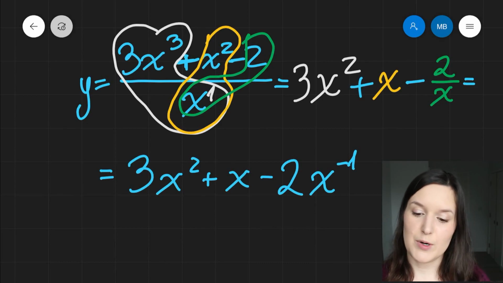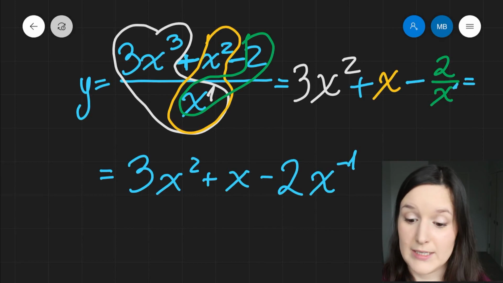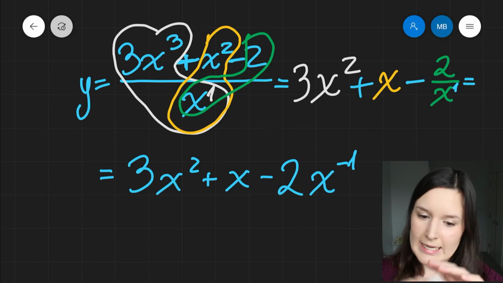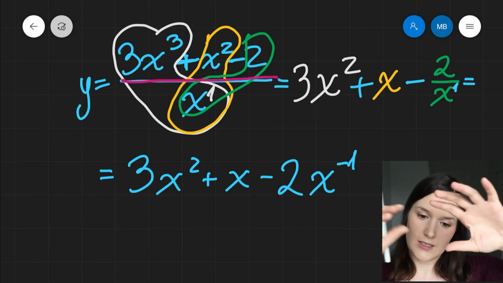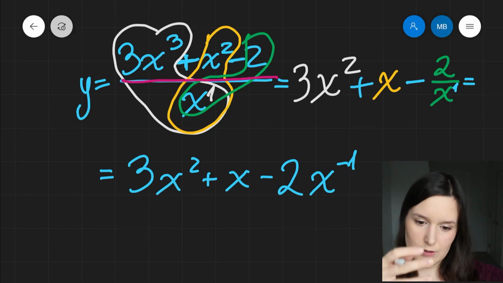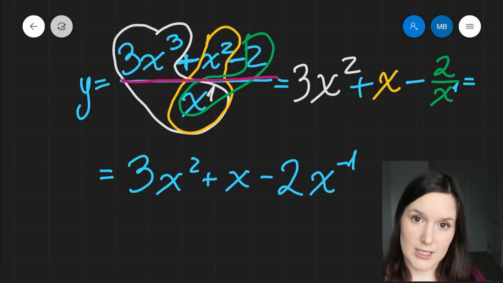There was x to the power of 1, so now there will be x to the power of minus 1 after unflipping. So that's what I do when I have a fraction. I just split it into separate fractions, separate expressions.